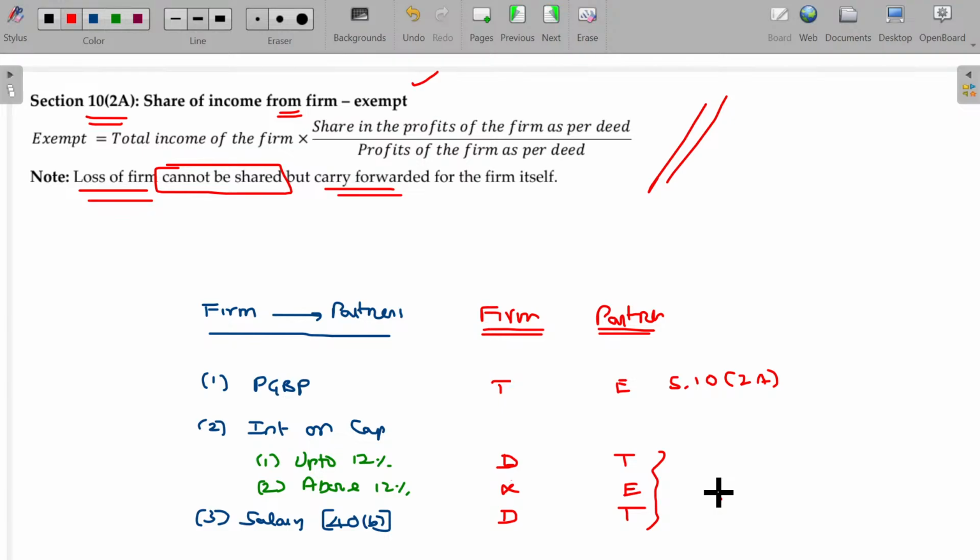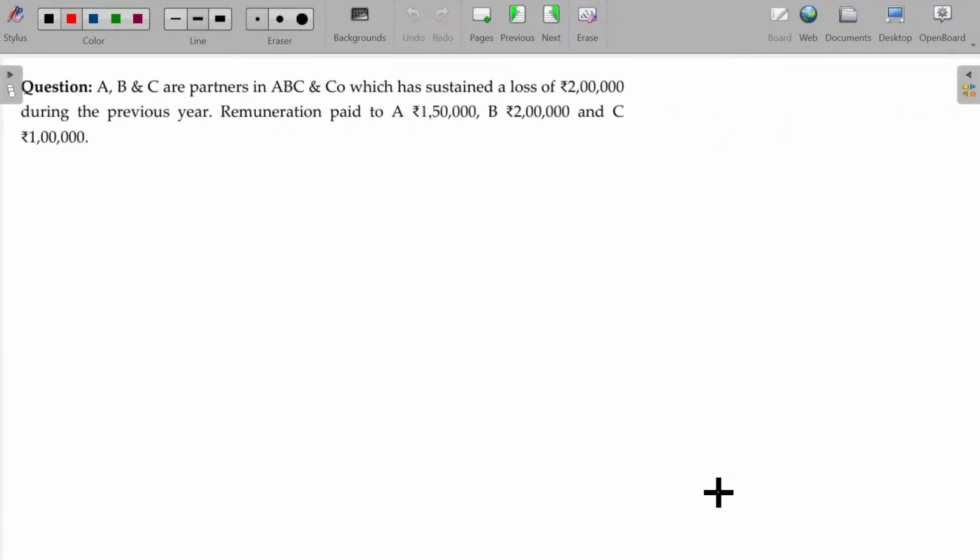Now, let's see here. A, B, C are partners in ABC and Co, which has sustained a loss of Rs 2 lakhs during the previous year. Remuneration paid to A, B, and C. Now, what about the salary?